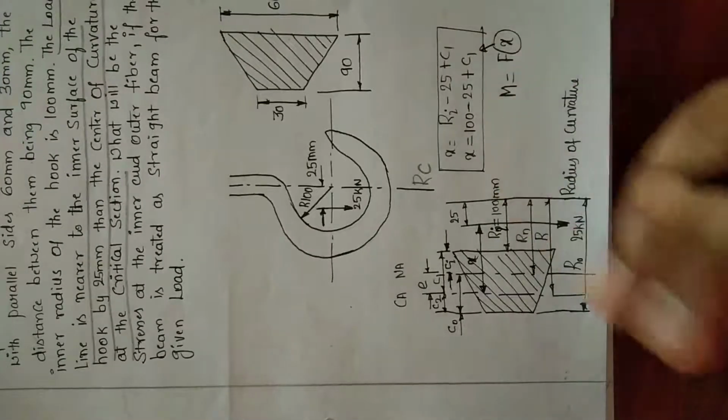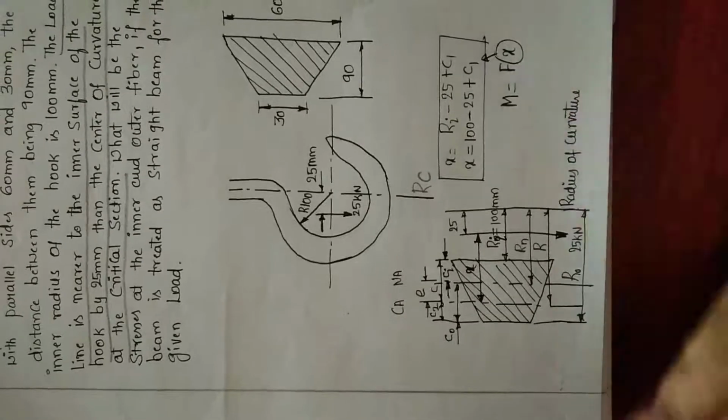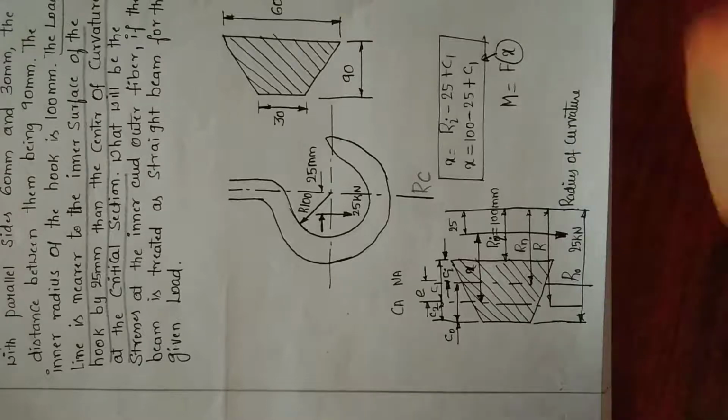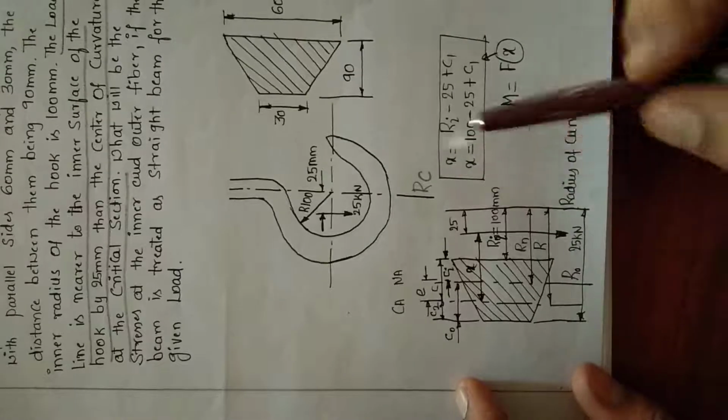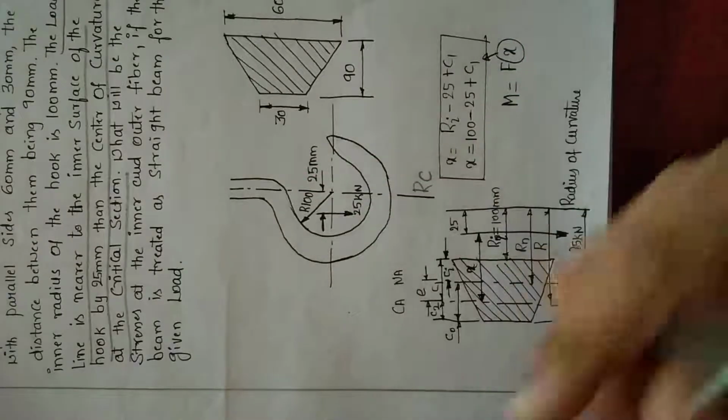The remaining things are whatever we solved in the previous problem, the same as before except this distance X. Why this X? Because the force is shifted at a distance of 25 mm from the radius of curvature.